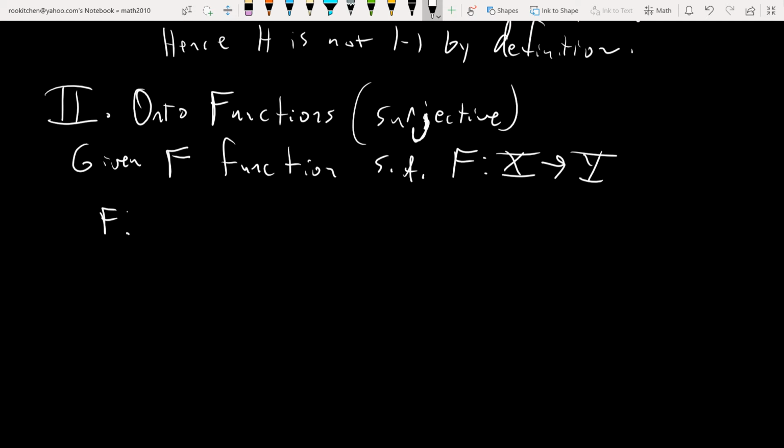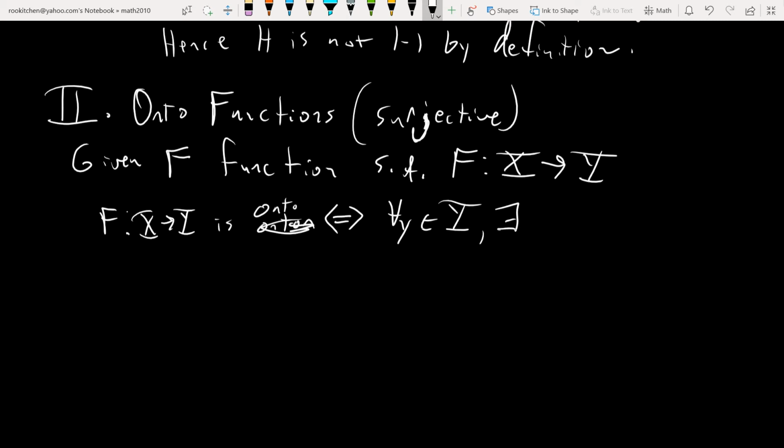So F going from X to Y is onto if and only if for all y in Y there exists some x such that big F of x is equal to that y. And then we can negate this to get a definition for not onto.